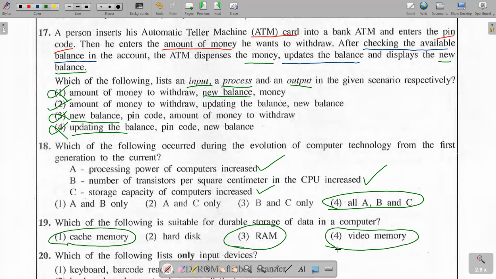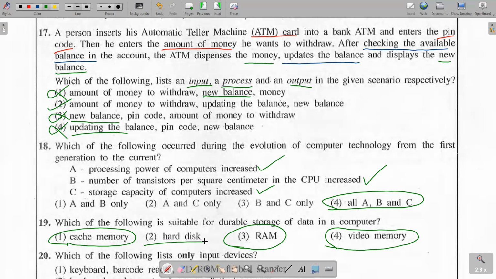Whenever they have the power inside them, they keep the instructions. When the power is disconnected, the instructions are gone. But hard disk is a non-volatile storage, which is the durable one, right? So the second one can be taken as the answer.